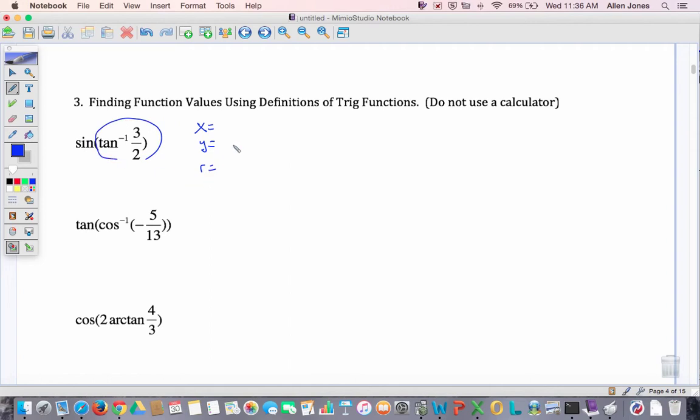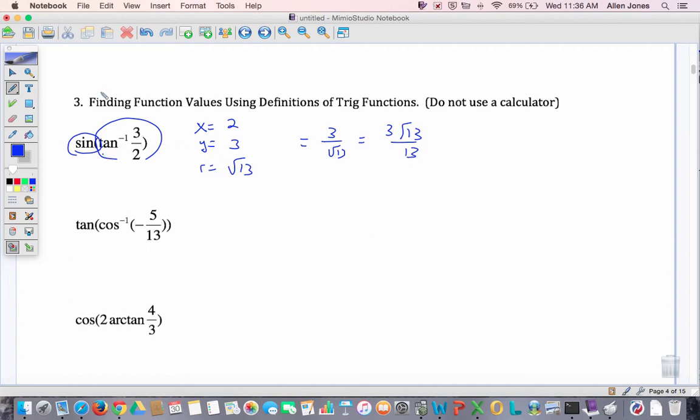So we're skipping that intermediary step, we're just going to simply identify x, y, and r from our inverse function here. This tangent is y over x. So I have a 2 and 3. 2 squared plus 3 squared is 4 plus 9, or the square root of 13. And now sine of that angle is going to be y over r.